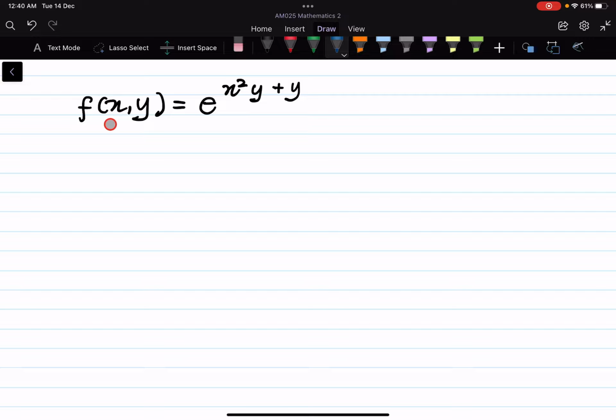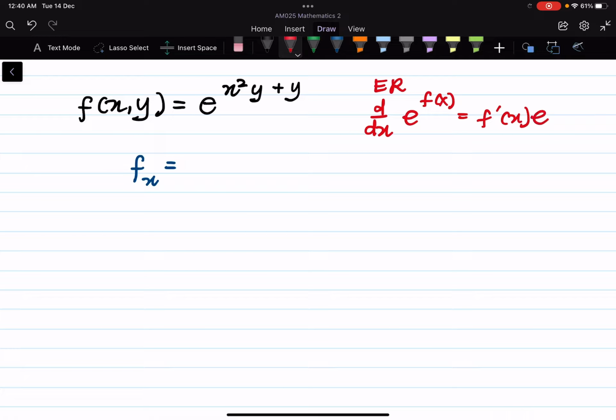f(x, y) equals e to the power of x squared y plus y. So to find f sub x, we need to differentiate using the exponential rules: if we like to differentiate e to the power of x, we differentiate the exponent and copy down e to the power of x.